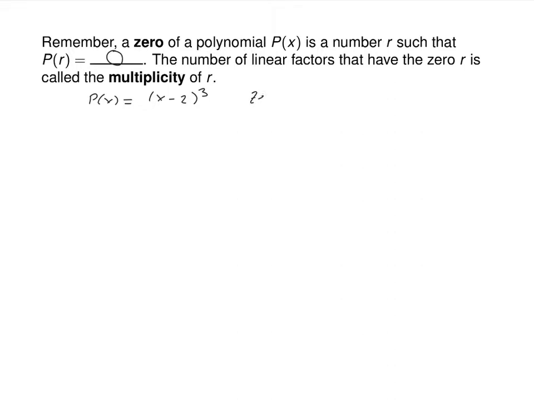The zero at x equals 2. And the fact that x minus 2 is a factor 3 times, we say that that zero has multiplicity 3. So the multiplicity refers to the number of times the zero happens. It is the same as the power on the factor that it came from.